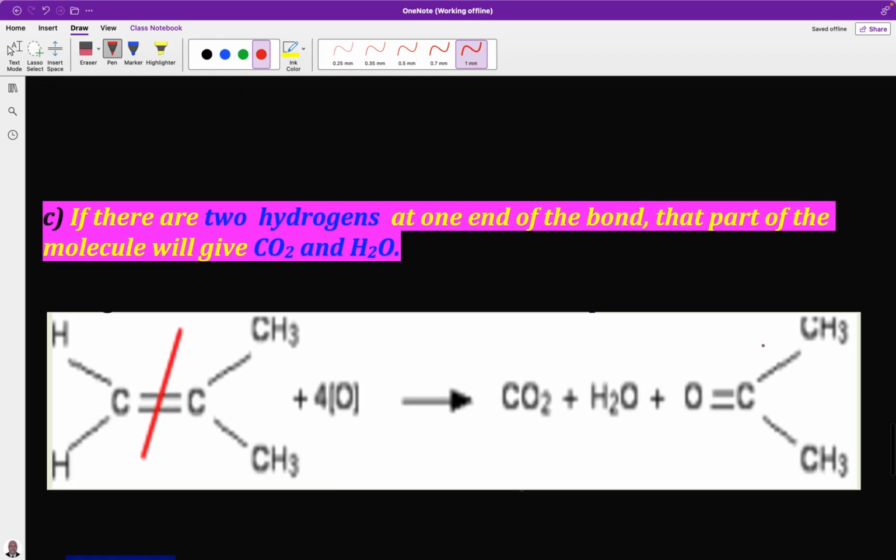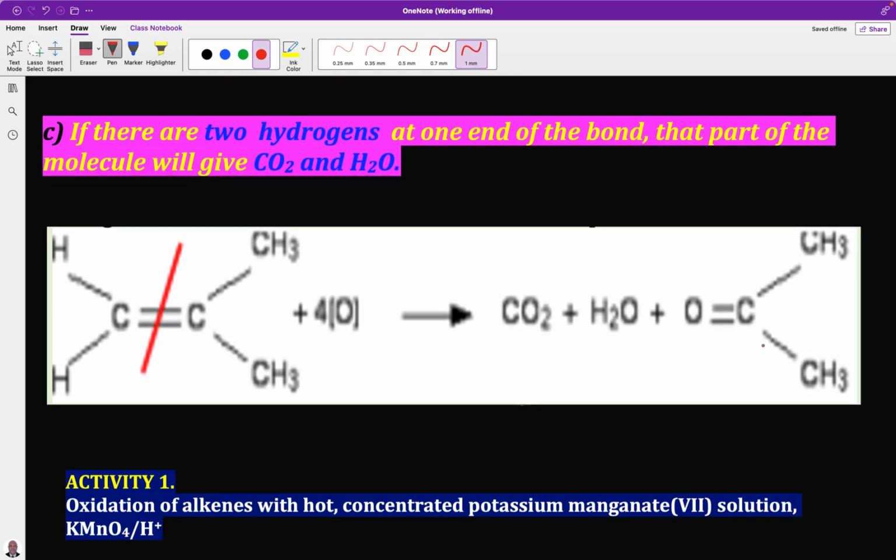I said the last condition is if there are two hydrogen atoms at one end of the bond, that part of the molecule will give carbon dioxide and water.